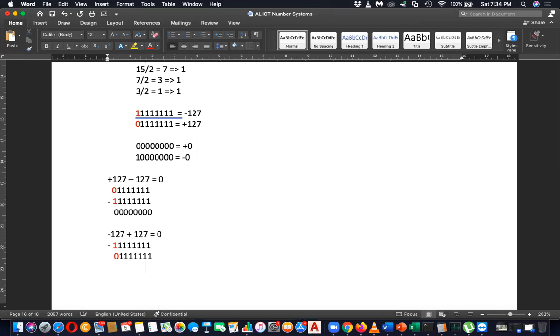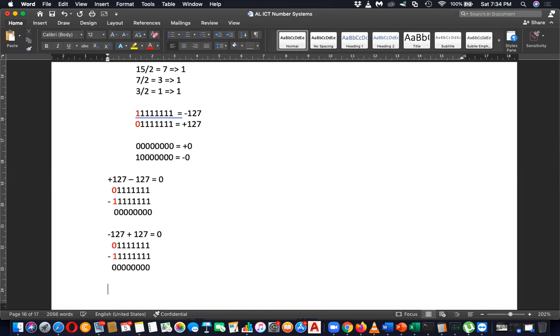You can't add these numbers. Actually, what you have to do is the same. You have to write the positive number and then the negative number, and you have to subtract the negative number from the positive number. Then you will still get this answer, the same 0. This is how calculations happen.